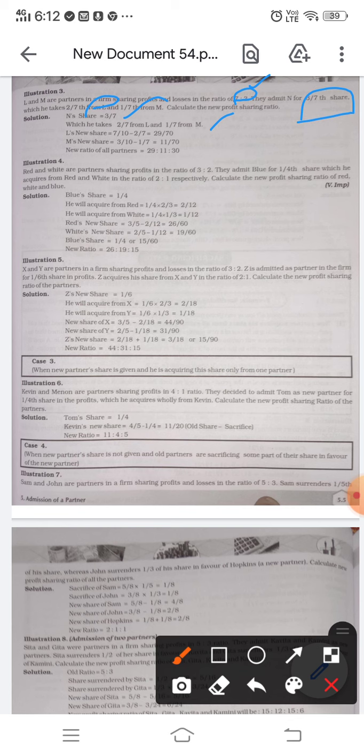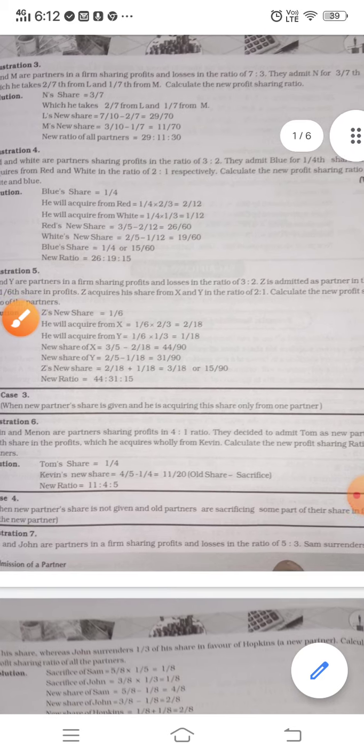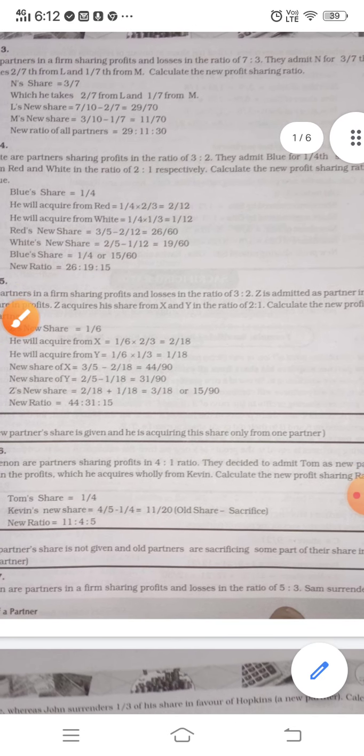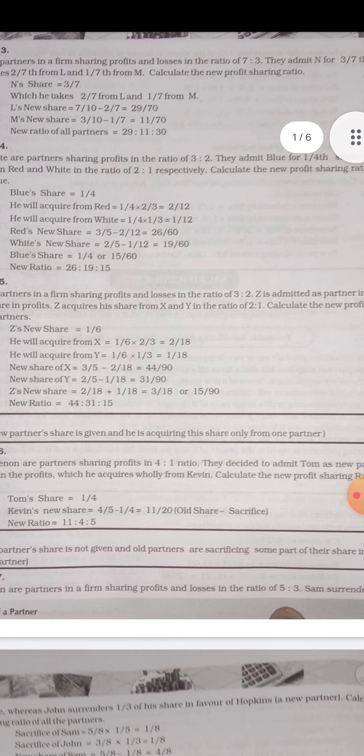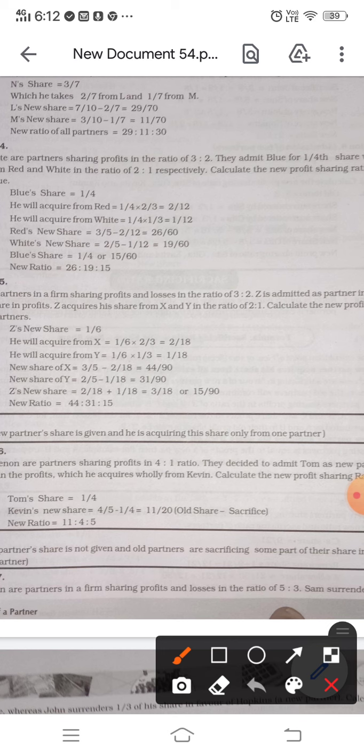So what is L's new share? Already having 7:3, that is 7/10, which is the old share.